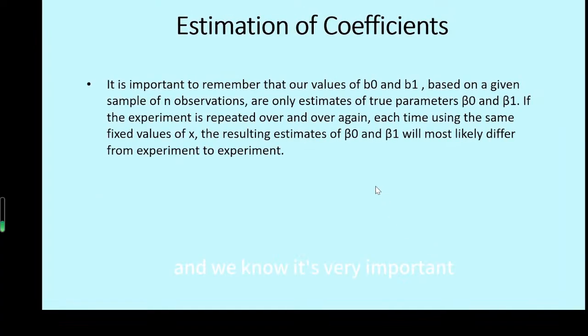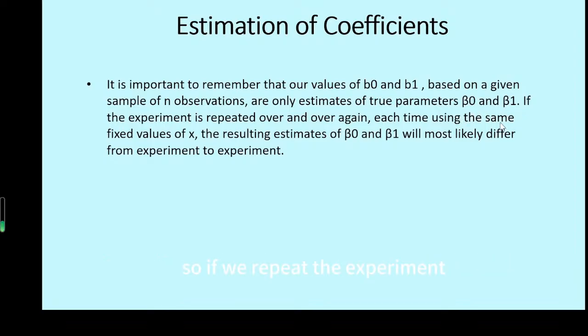And it's very important that the values of b0 and b1 are random values, because this is just based on a given sample of n observations. So they are only estimates of the two parameters beta 0 and beta 1.